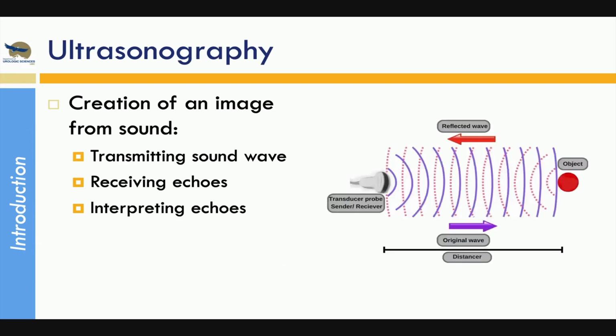The basis of ultrasound is that a sound wave is produced by a piezoelectric transducer. This is usually encased in a plastic housing. And then ultrasonic waves, all these frequencies above the audible frequencies of the human ear, are produced. Typically in medical ultrasound, the frequencies range from 1 to 18 megahertz.